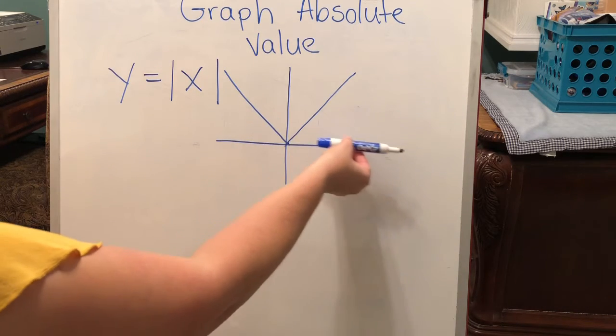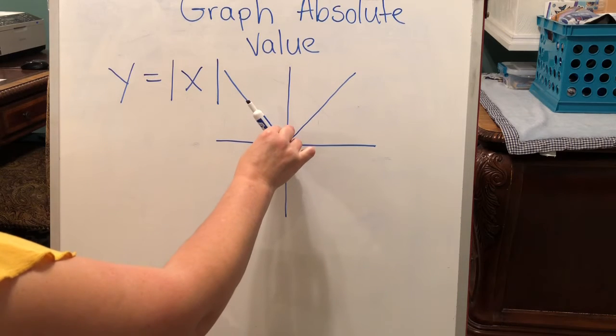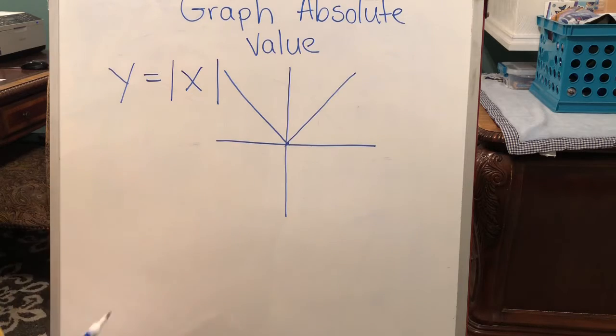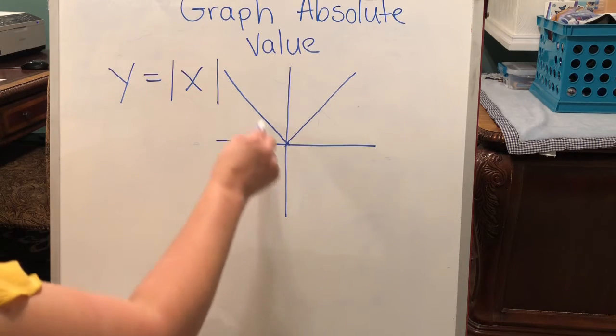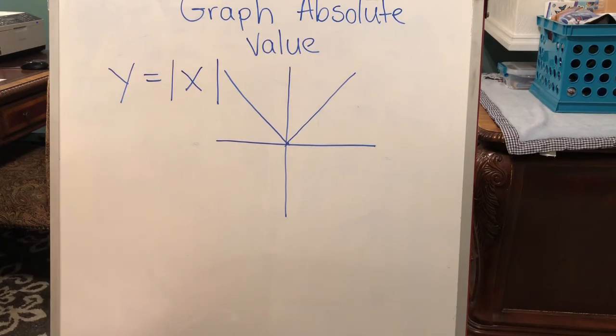Regardless if my x is positive or my x is negative, my output or my y value is always going to be positive. So this is what the graph of y equals the absolute value of x looks like.